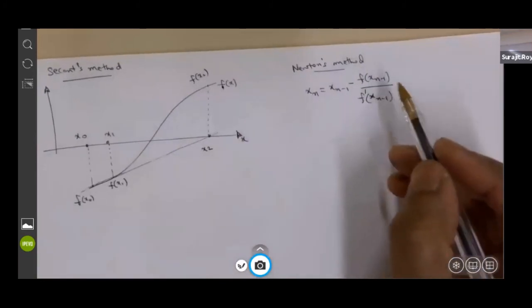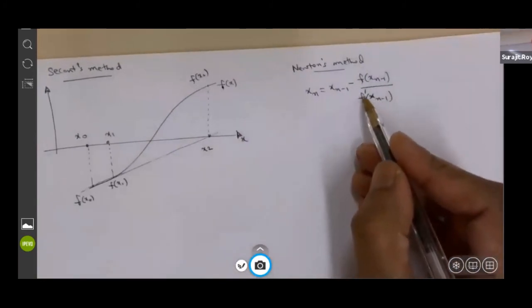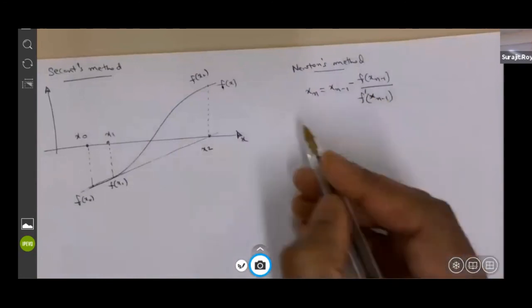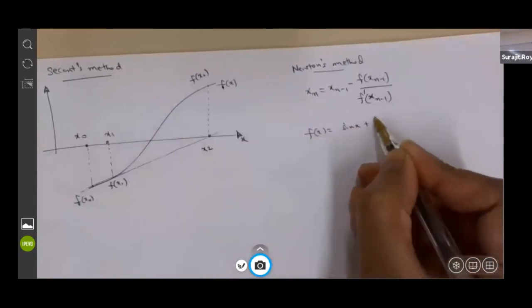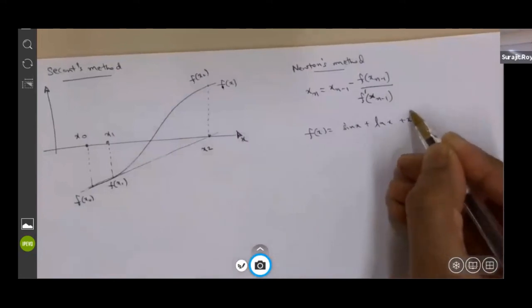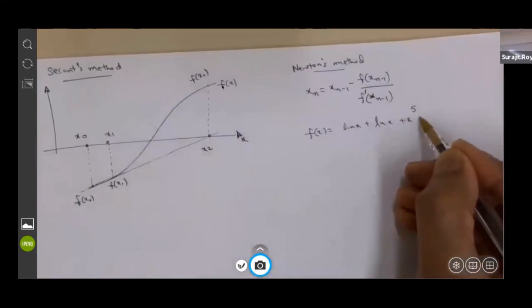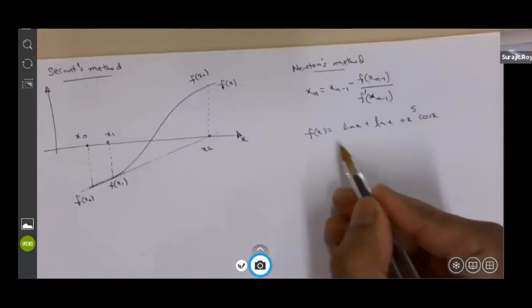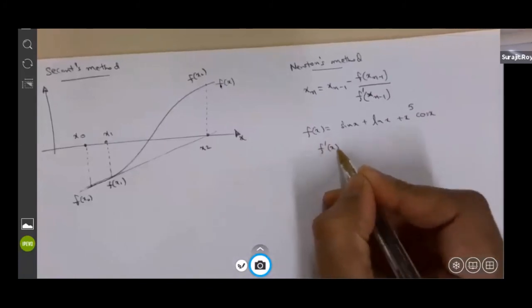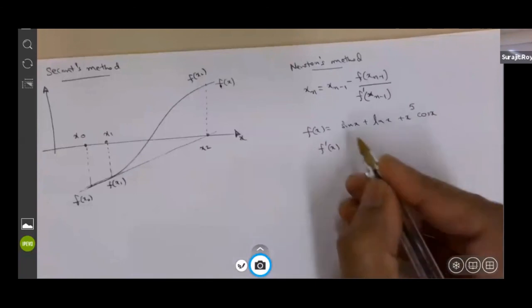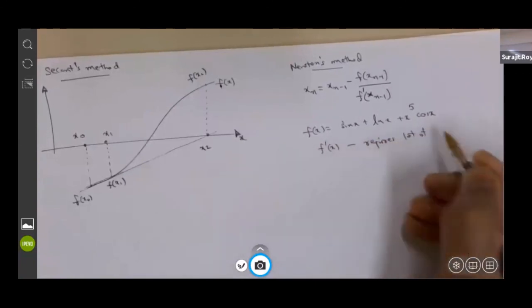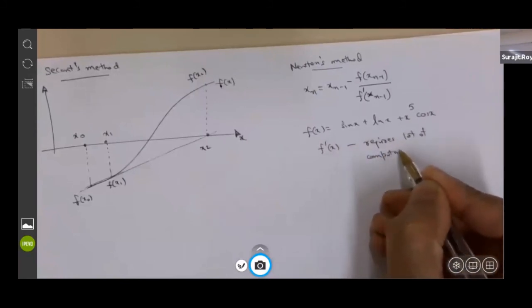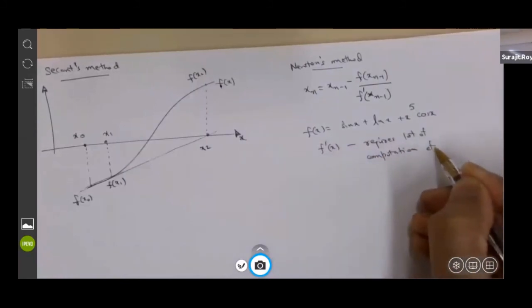So what happens in Newton's method, for every step, you need to evaluate this f prime of x. So let's say your f of x is sine x plus natural logarithm of x plus x raised to power 5 times cosine x. So you will see finding f prime of x itself requires a lot of computational effort.